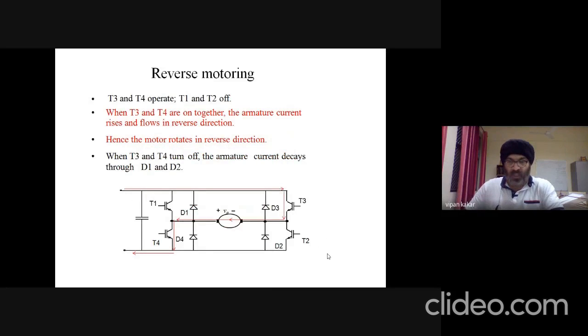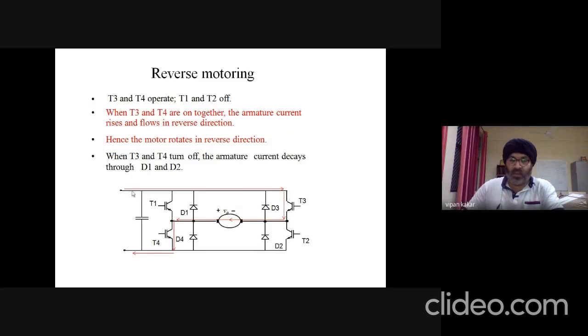Now reverse motoring. So in this case, T3 and T4 are turned on. T1 and T2 are turned off. So when T3 and T4 are turned on at the same time, simultaneously, the armature current again rises in this direction through T3 and back in reverse direction.